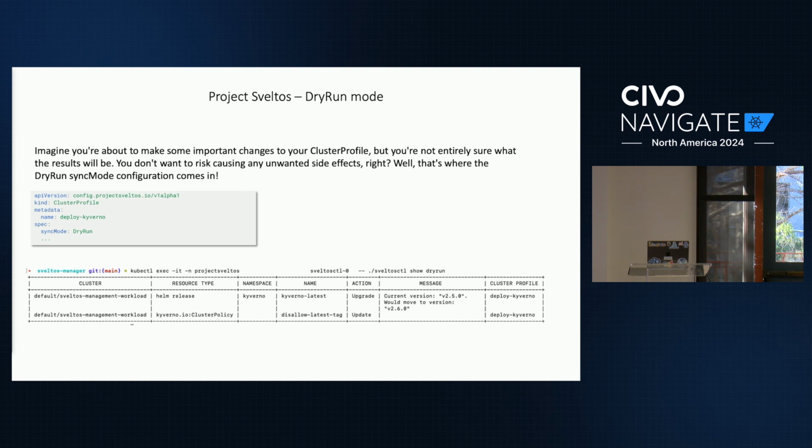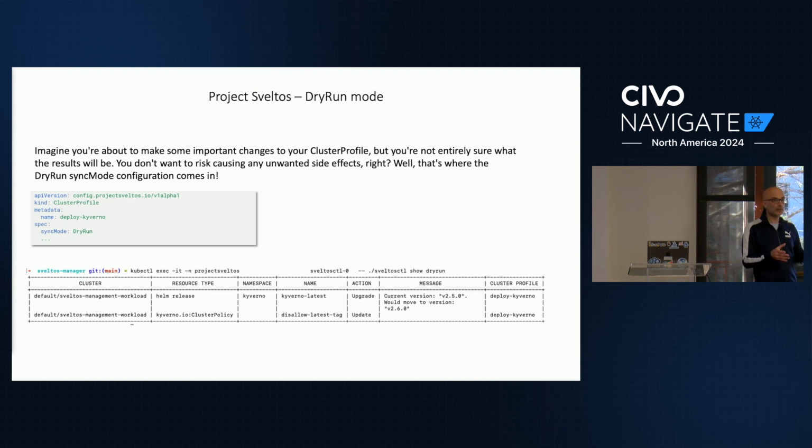And by the way, you also have a Kyverno cluster policy deployed, and this will be updated. So I can preview this change, and if I'm fine with the outcome, if I actually expected that Kyverno will be upgraded in those clusters and that this policy will be updated, I can go and set the mode from dry run back to continuous, and it will deploy it.